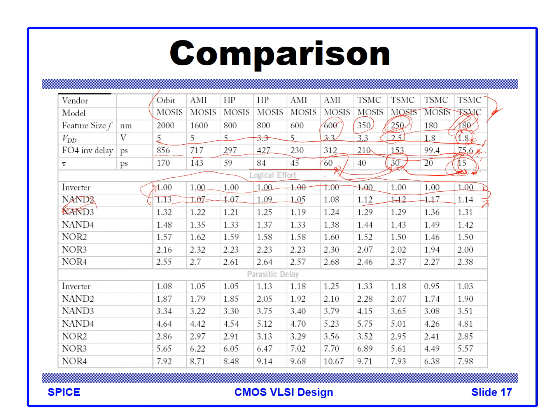For the parasitic delay as well, NAND 2 is also fast compared to other logic blocks. The inverter has a parasitic delay a little larger than 1. You can see the trend here. Definitely NOR is a lot worse than NAND 2.